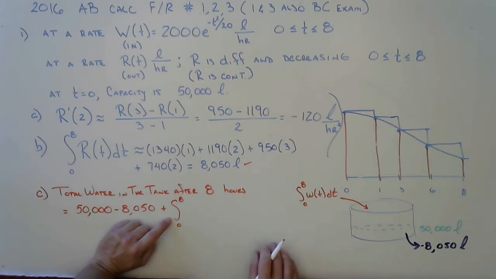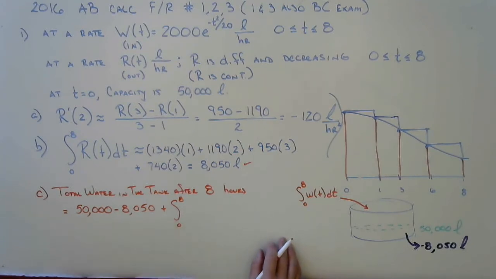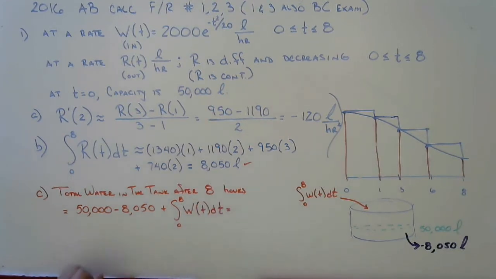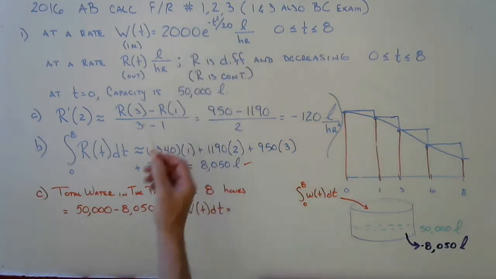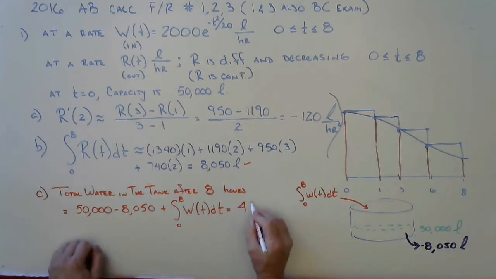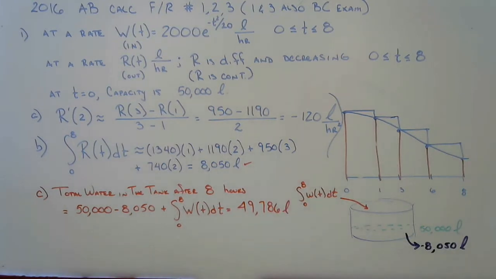This is, again, the net change theorem. It's very common on the AB test and the BC test in the past. So this is going to be the integral from 0 to 8 of W(t) dt. And I would use my calculator to find that because we can't integrate that without a calculator. And if you do that arithmetic correctly, you should end up with about 49,786 liters as the amount of water in the tank at the end of 8 hours.